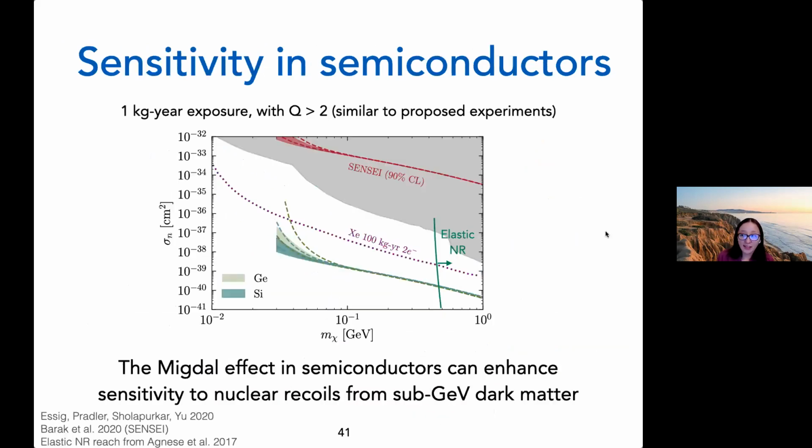And so this is the last plot, showing that if you use this Migdal effect, then you can be sensitive to sub-GeV nuclear recoils, for instance down here, potentially below the mass sensitivity for elastic nuclear recoils, depending on the relative thresholds.